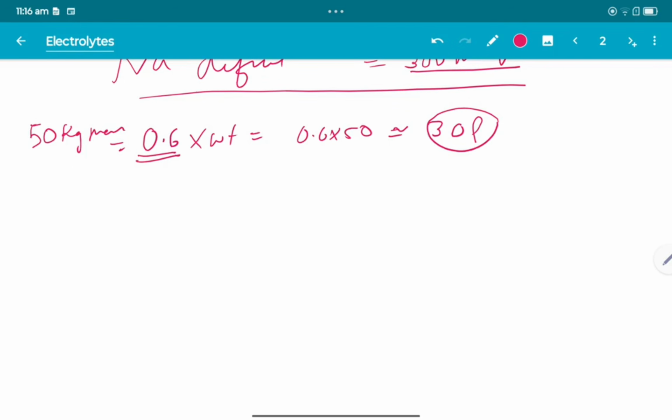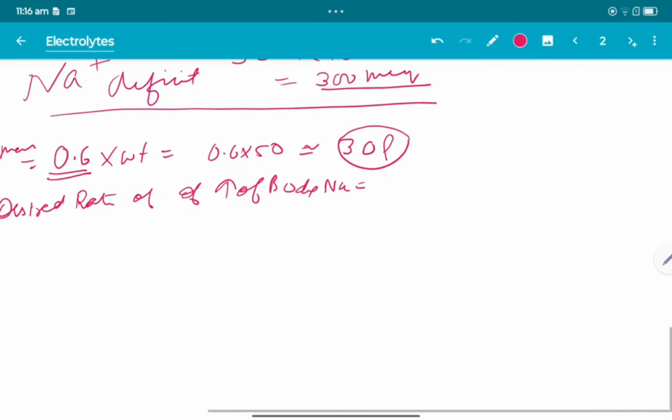Okay, so what is the desired rate of increase of body sodium will be, and one thing is that you should not infuse more than 0.5 milliequivalent per hour.